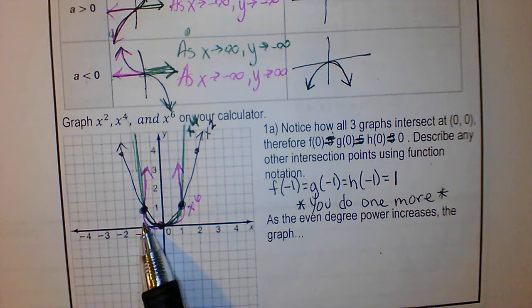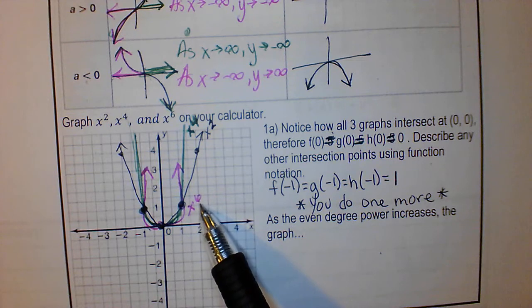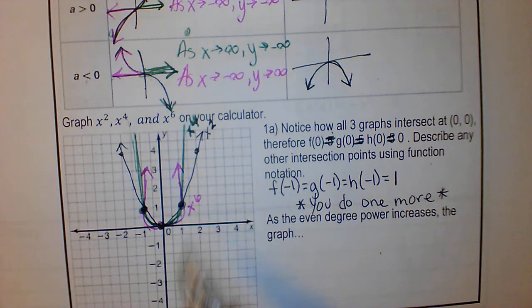Second thing we should be noticing is that it does flatten out. So as our exponents get bigger, the graph flattens out in between negative 1 and 1. That's the next thing that we're going to talk about. So once you're done with that, go ahead and flip your notes over. We're going to talk about why that happens.